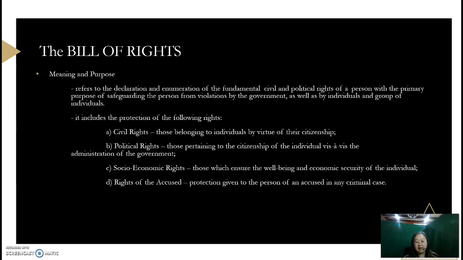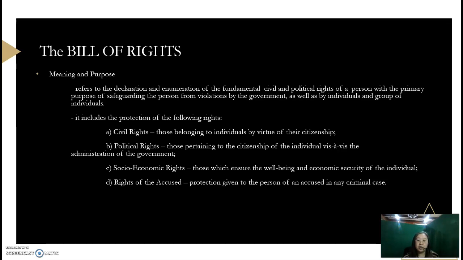Now, for civil rights, these are rights belonging to individuals by virtue of their citizenship. Like, for example, the right to contract marriage, the right to enter into contracts. Those are part of our civil rights. Now, for political rights, these are rights which pertain to the citizenship of the individual vis-a-vis the administration of the government. So it includes, for example, the right to vote or the right to suffrage, the right to hold office. Yes.